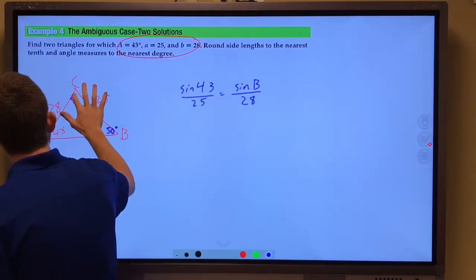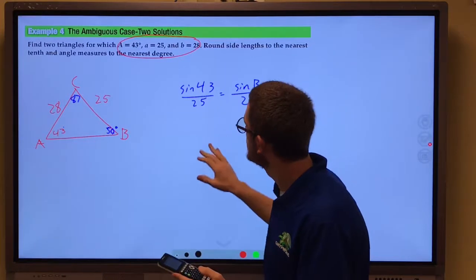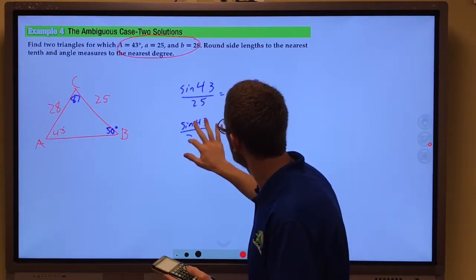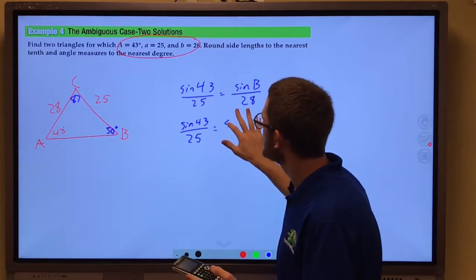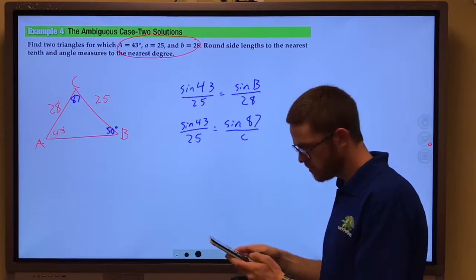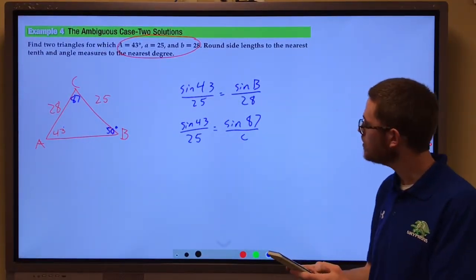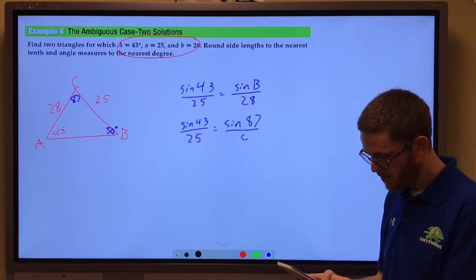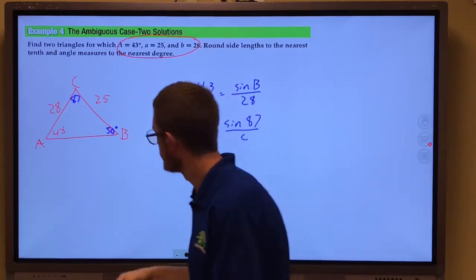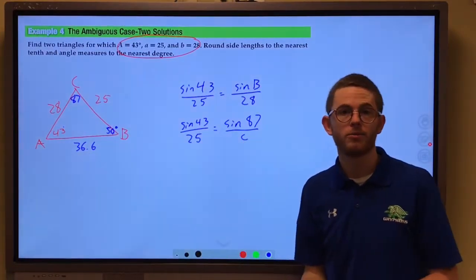This would be 87. We do one more law of sines. Sine of 43 over 25 equals sine of 87 over c. And we get about 36.6. So this is one possible solution right there.